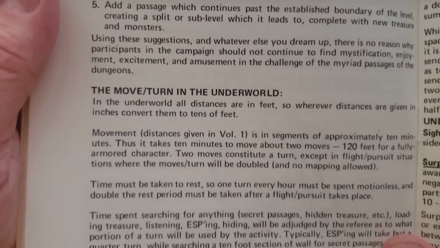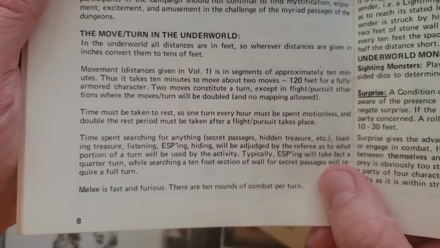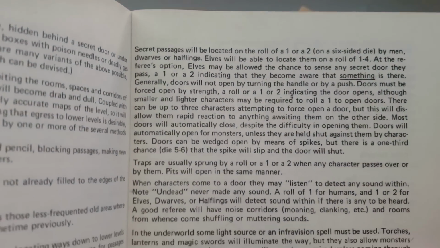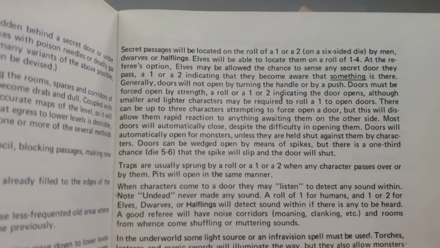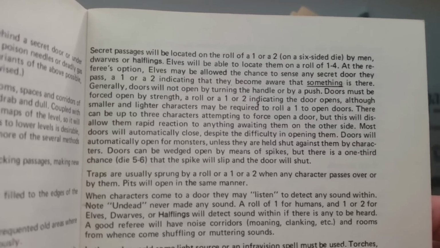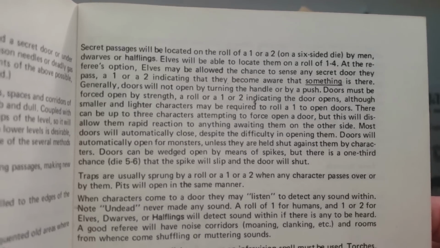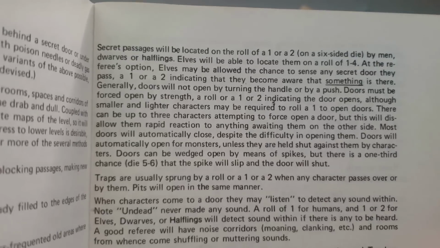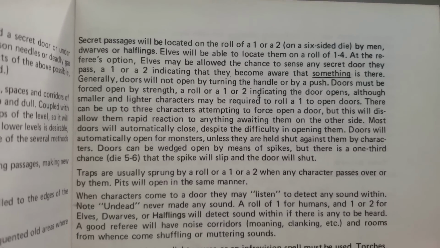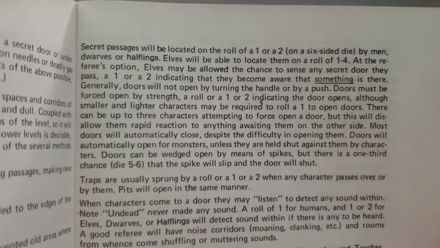But it's found throughout here, all these different kinds of things. Secret passages will be relocated on a roll of a 1 or a 2 on a 6-sided die by men, dwarves, or halflings. Elves will be able to locate them on a roll of 1 to 4 on a d6. I'm going to address that in a second, because there are some interesting reasons why that's the case.